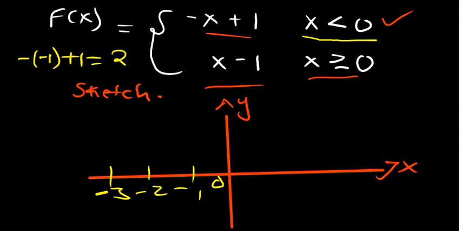So for -1 we have a 2 somewhere there. How about if you plug in a -2 at that point? It's going to become a +2 plus 1, which is going to give us a 3. So somewhere there. So -3 is going to give us a +3 there, plus 1, which is going to be a 4.